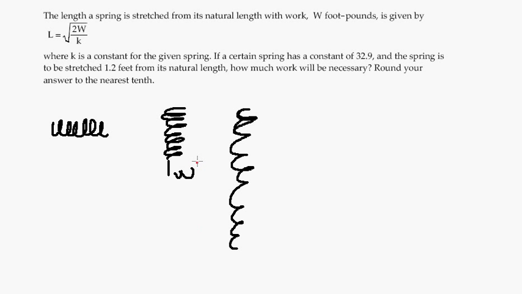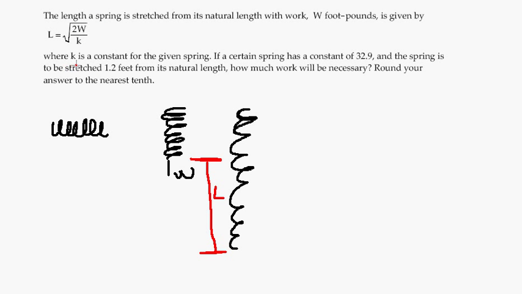And this distance right here that the spring is being stretched from its regular resting length is L. It's the difference in the lengths of the spring from its natural state versus when it's being pulled with W foot-pounds. And this is the formula for that.